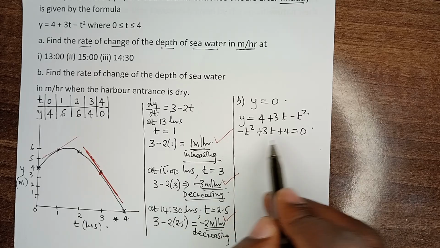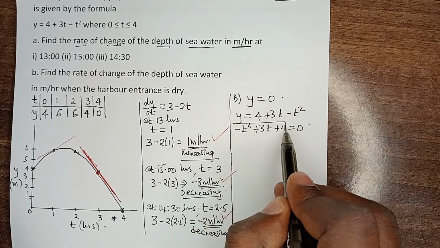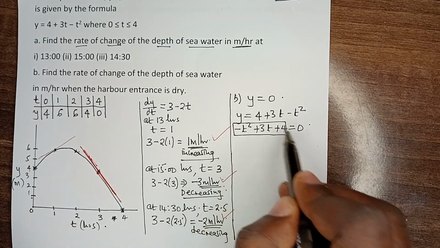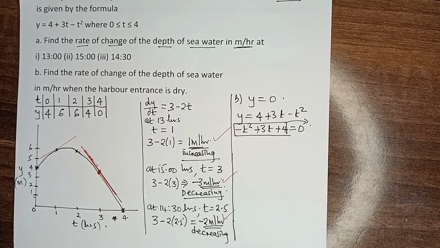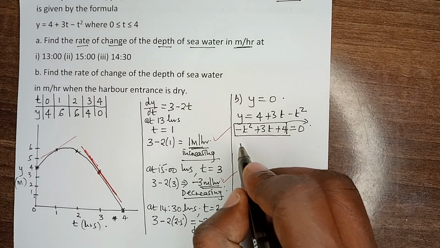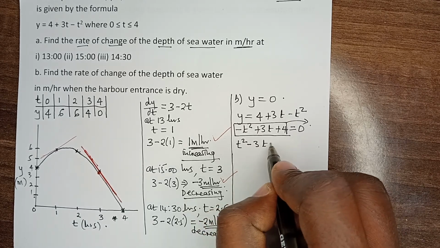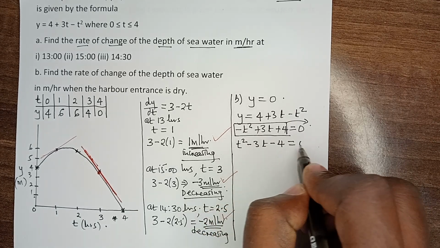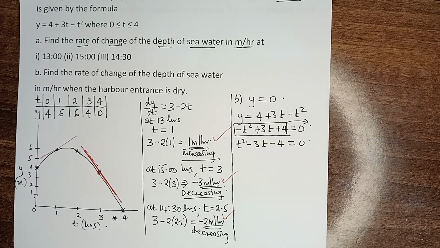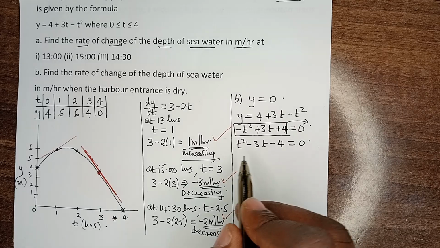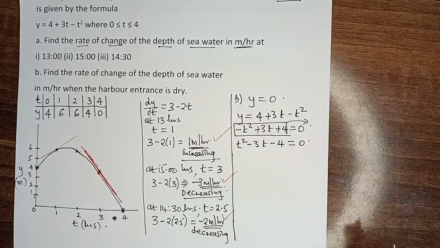If you ask me, I would take everything across this side and 0 comes this side. We are going to have t squared minus 3t minus 4 equal to 0.